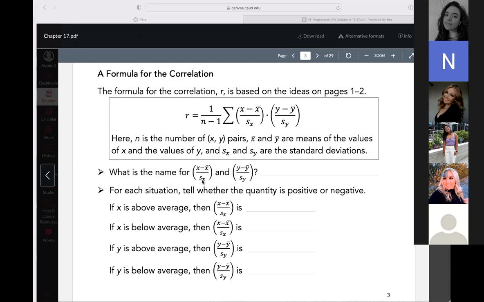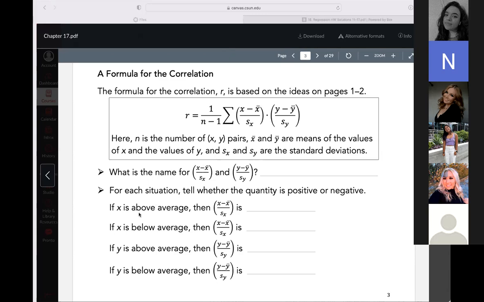Is it with an R? No, it is with a... Well, if I give the letter, it kind of gives it away. Someone said it already. It's a Z-score. That's right. If I said it's with a Z, I felt that would have given too much. But those are my Z-scores.